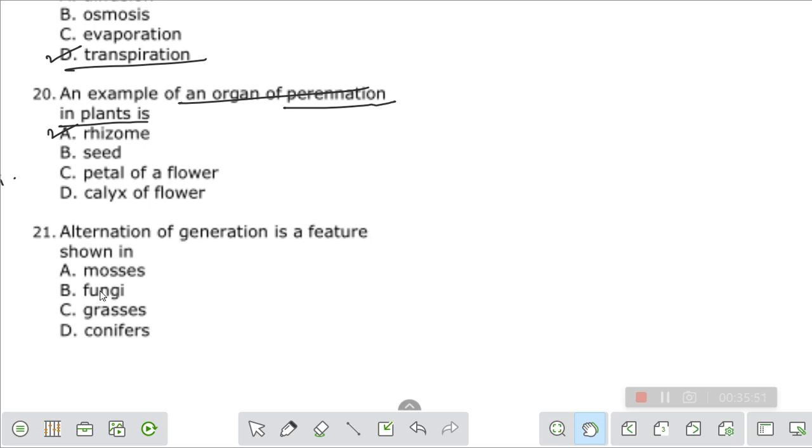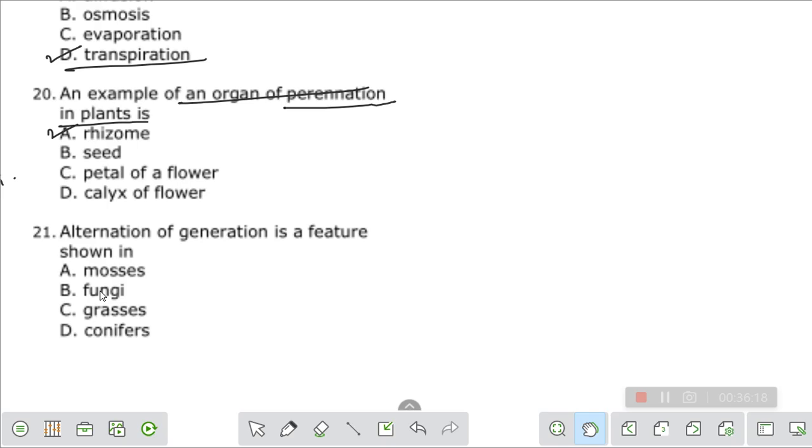Is it mosses? Is it the fungi? Is it the grasses? Is it the conifers? So what's the answer? So the answer is mosses. Mosses are the ones that have the feature of alternation of generation.